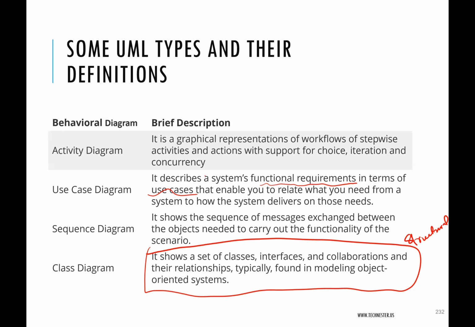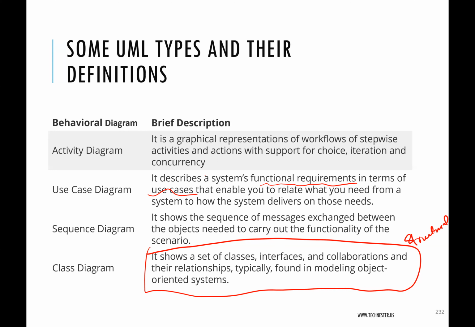What does that mean? A use case is a way a user would use the system. What are some of the things users can do with this system? Those are the functionalities of the system, right? But those are also the use cases. For example, an ATM, what is one thing you can do with an ATM? You can withdraw cash. So withdraw cash is a use case.